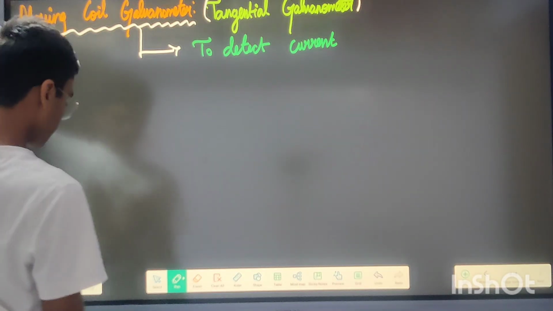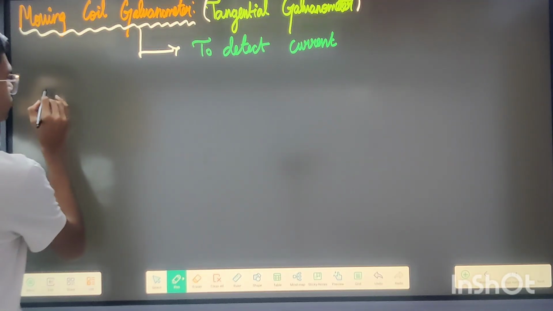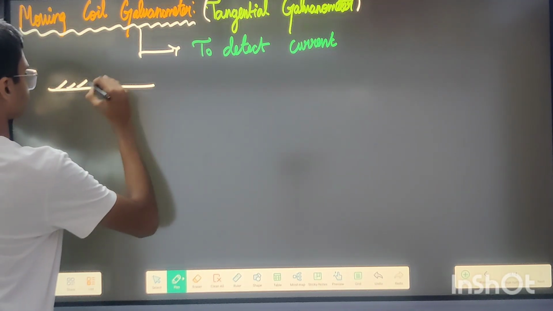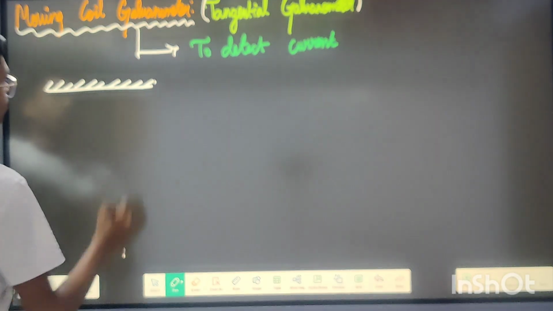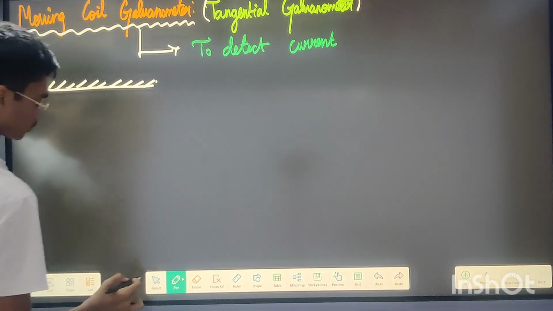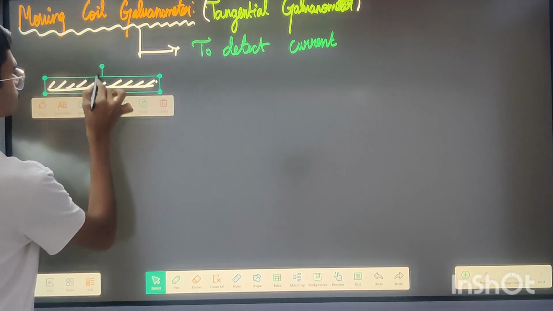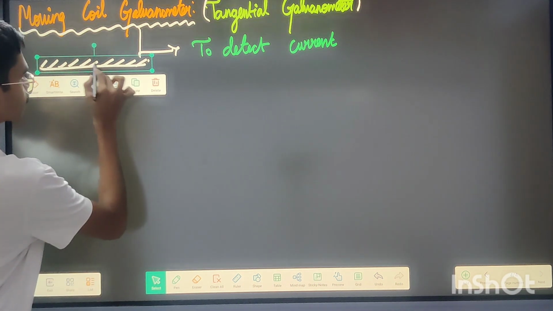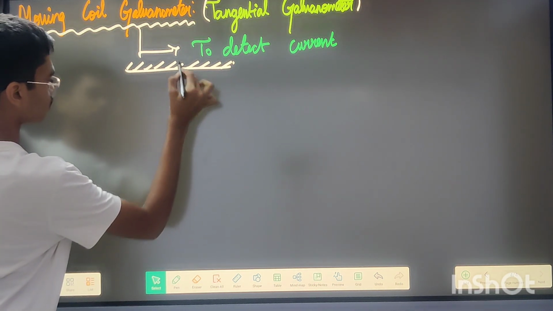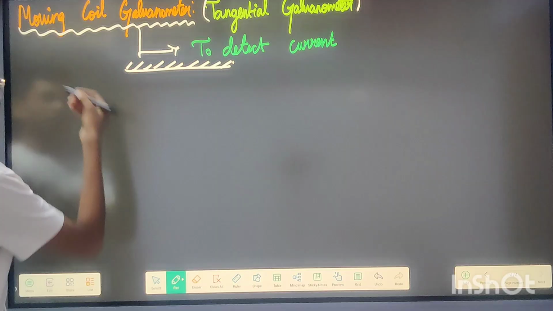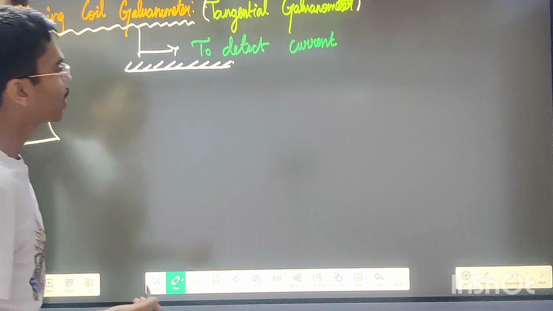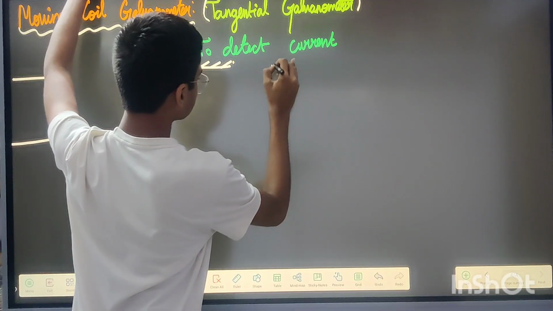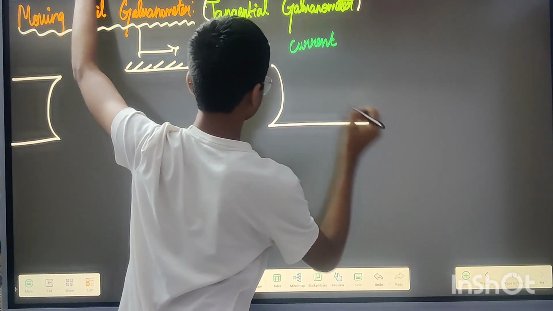Okay, so this is a surface. Over here, two horseshoe magnets are there. Like this, one horseshoe magnet is there, and like this, another horseshoe magnet is there.